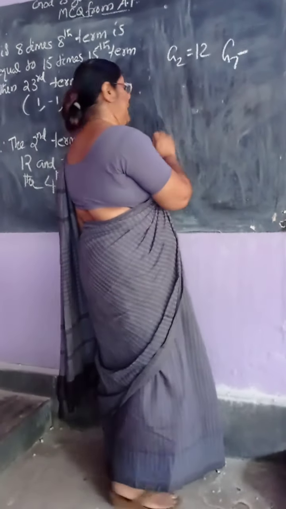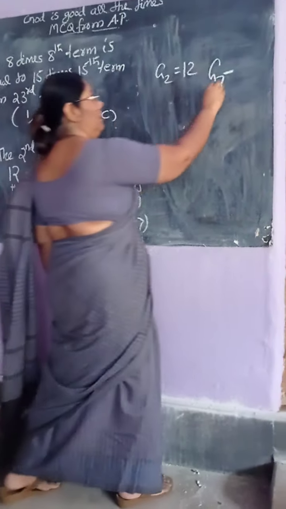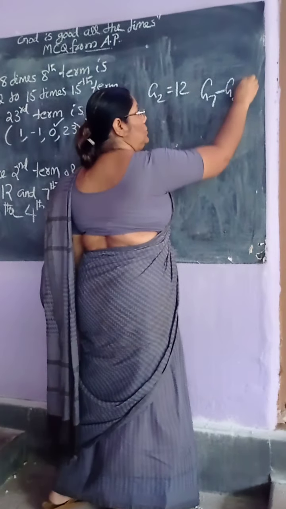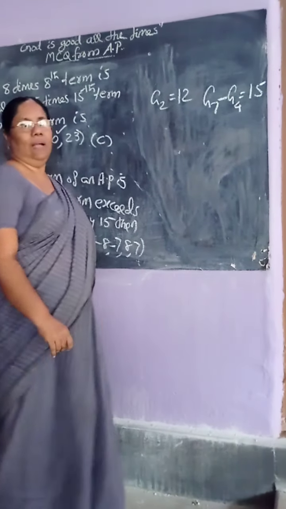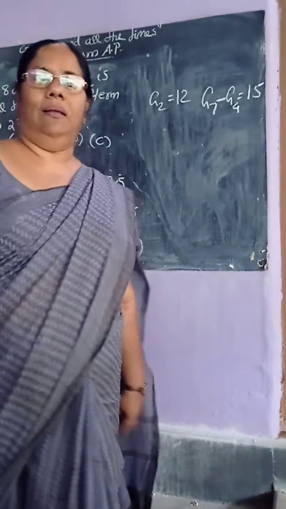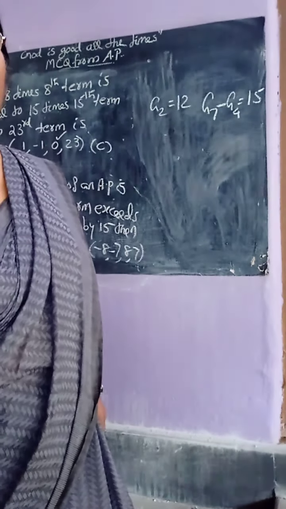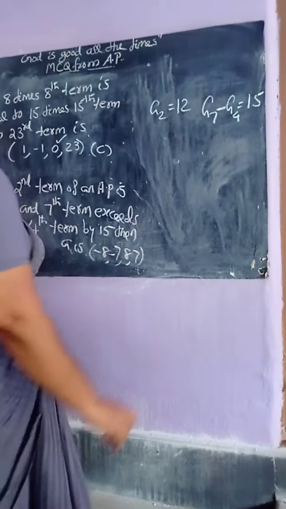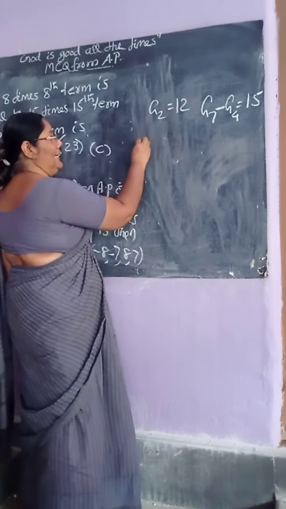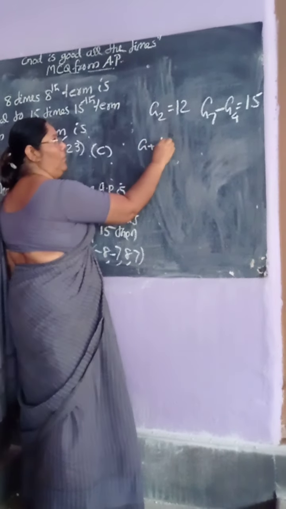Exceeds means minus 4th term, A4 equal to 15. That is A7 minus A4 equal to 15. What is A2? Second term means A plus D equal to 12.